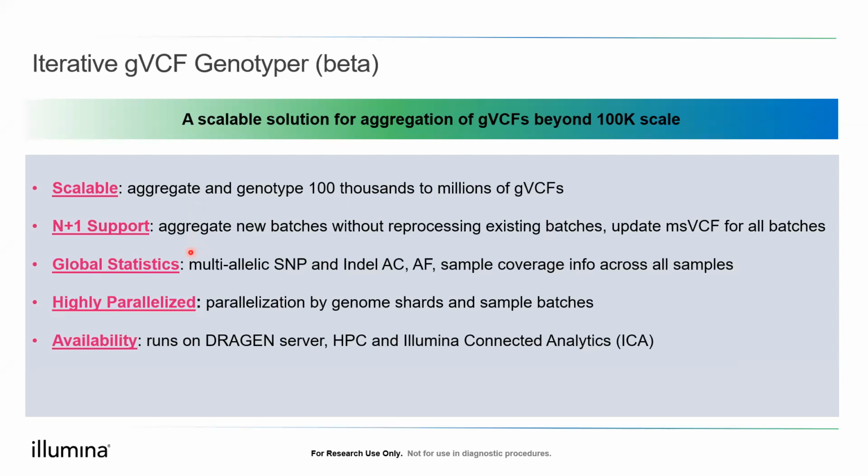It should have all the global statistics: multi-allelic SNPs, Indels, allele frequencies, sample coverage information. All of that should be captured into this multi-sample VCF file. We should be able to highly parallelize, with parallelization across genome shards, or parts of the genome, and break it down into samples within batches so that you can efficiently analyze them.